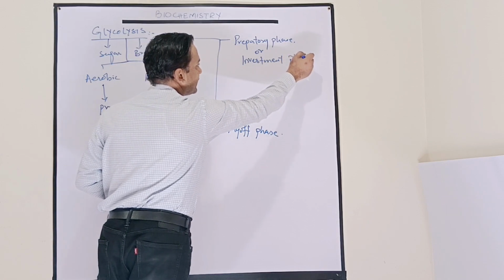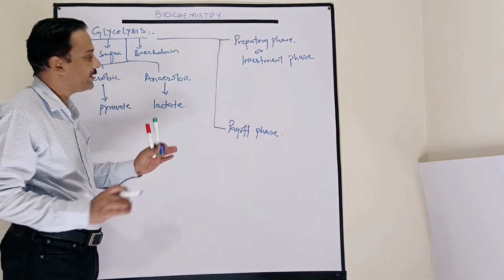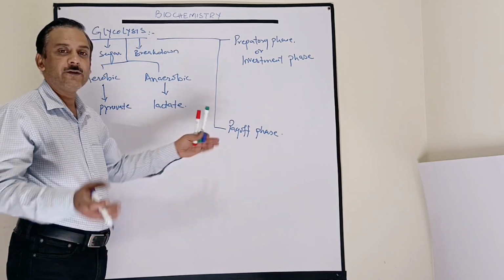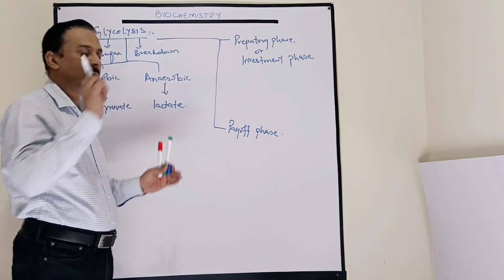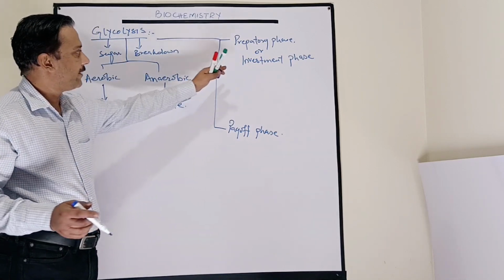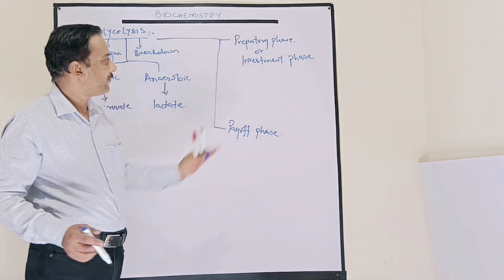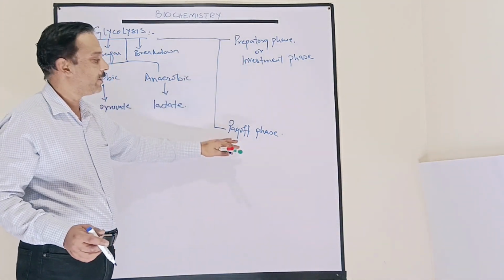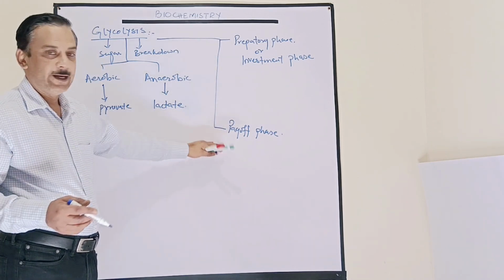As the name indicates, we invest a small amount of energy, and in the payoff phase, we obtain a large amount of energy. So by investing a small energy, we obtain a high energy. We invest the energy in the form of ATPs, and in the payoff phase, we take the profit in the form of ATPs.